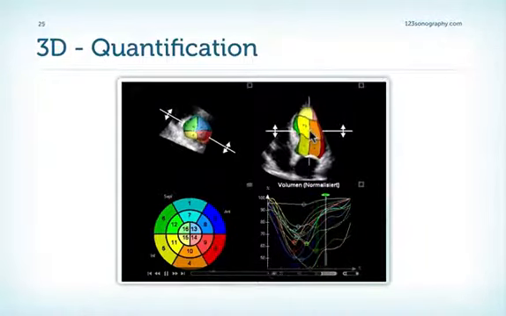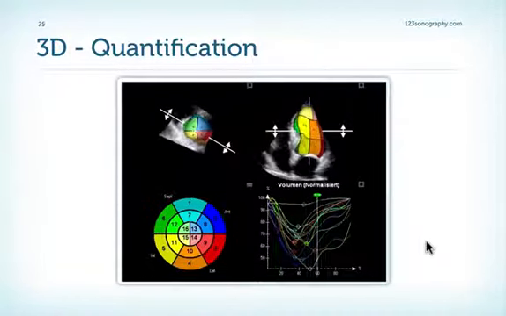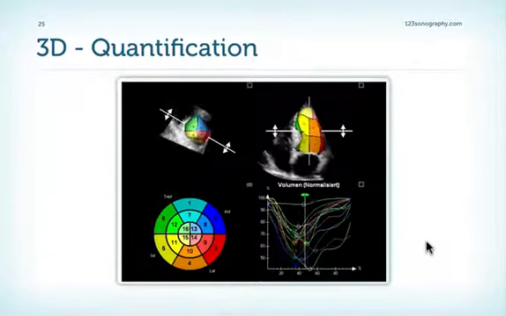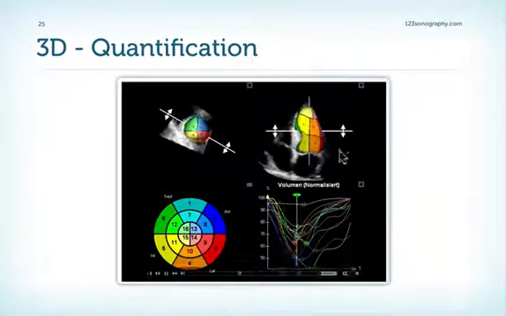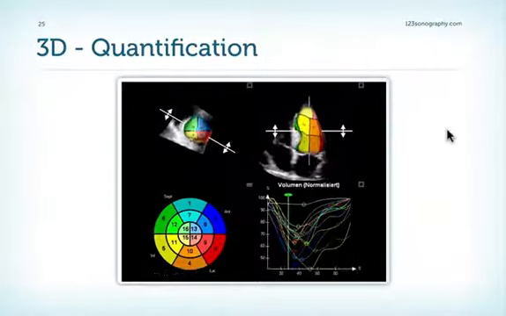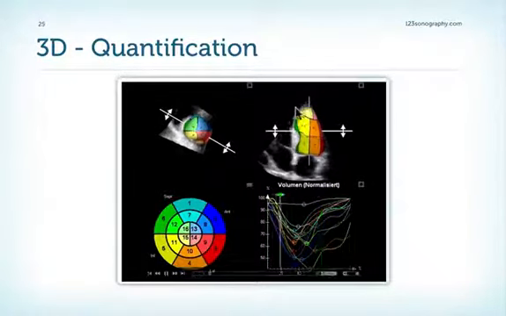You can see different colors for different segments, and these also correspond to these volume curves. So this is a very nice way of really looking at global left ventricular function in the setting of regional wall motion abnormalities, because now you're really considering all segments. In this specific example, you can see that wall motion is reduced in the region of the aneurysm.